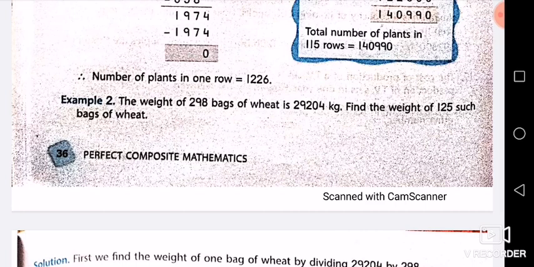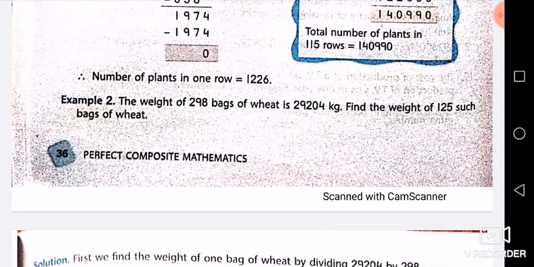So, for finding the weight of 125 bags of wheat, see here, such bags of wheat means all the bags contain equal weight. So, for finding the weight of 125 bags, you are supposed to find the weight of one bag first, and then the weight of 125 bags you are going to find.